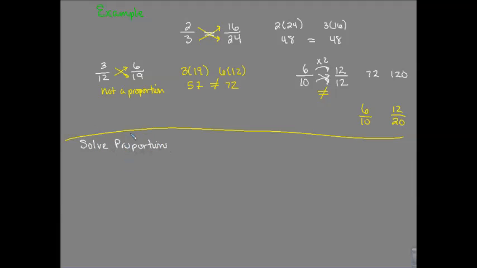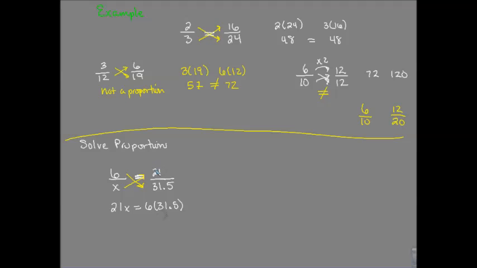So for example, if I have some unknown number, but I know that these two things are equal, I can find out the unknown number by doing that cross multiplication. I do x times 21 and 6 times 31.5, and I know that they have to be equal in order for this to be a proportion.